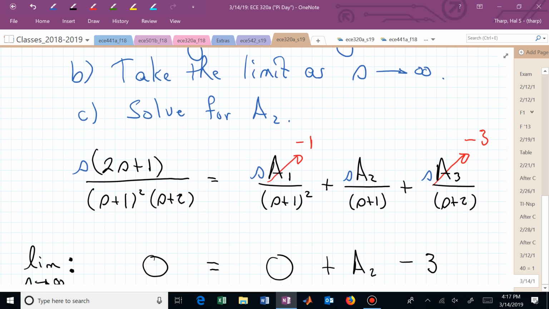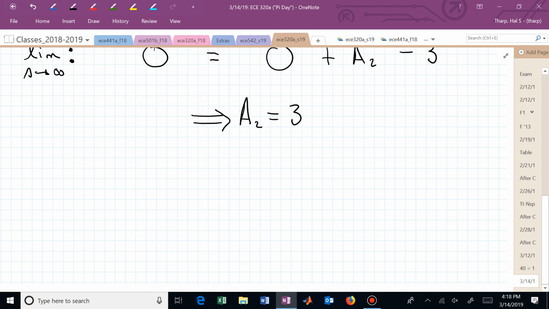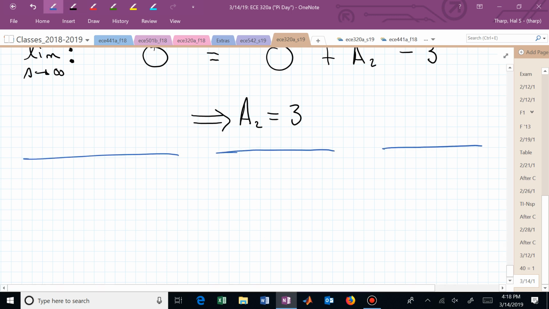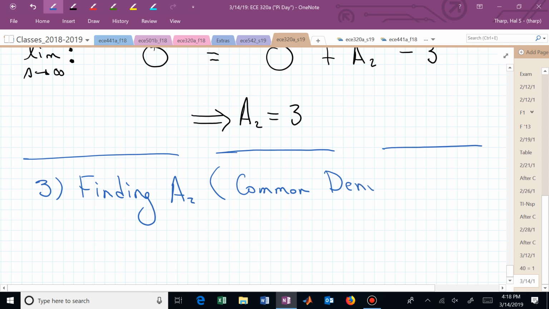And what else can we do? Well, like I said, how long do you have? Let's keep going. Let's try another one. We're still finding a sub 2. You would think we found it, and we have. But this strategy, I'm going to say, is the common denominator approach.